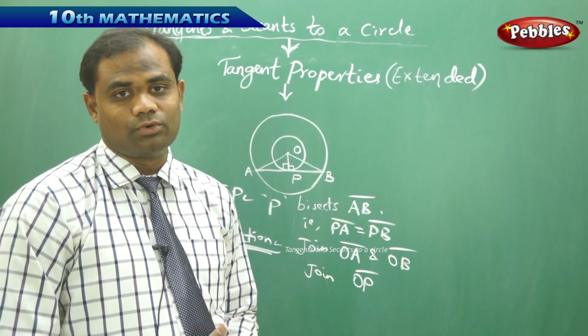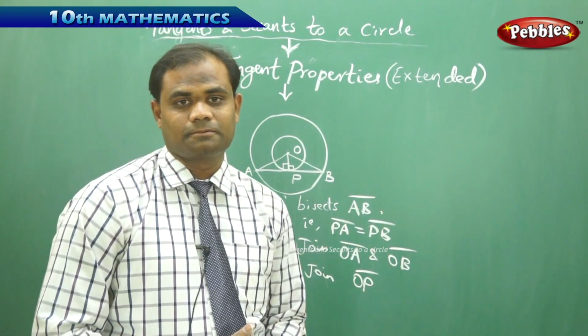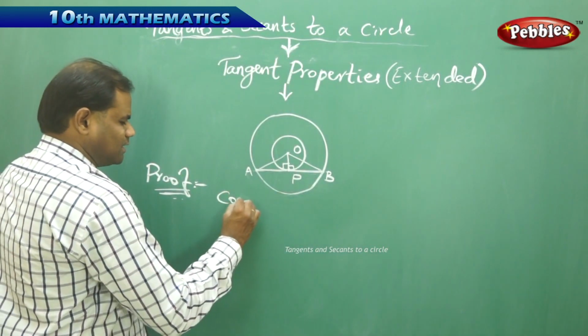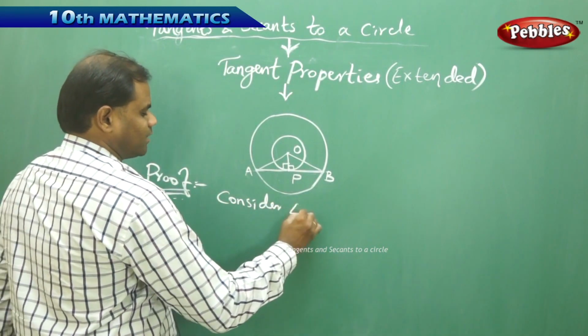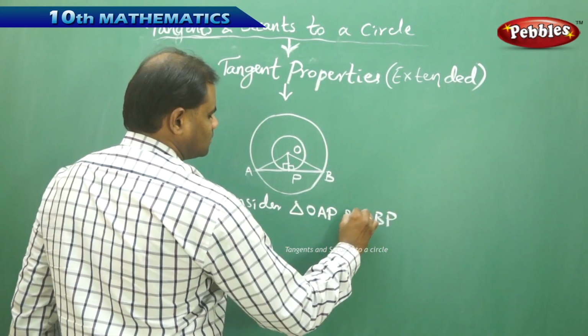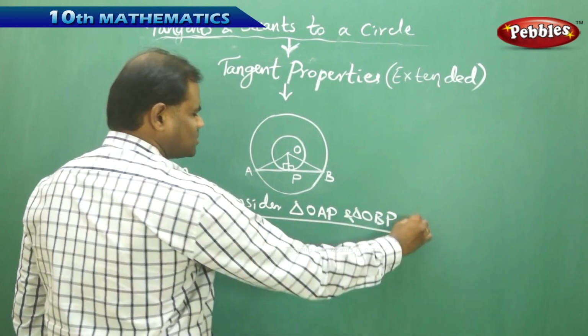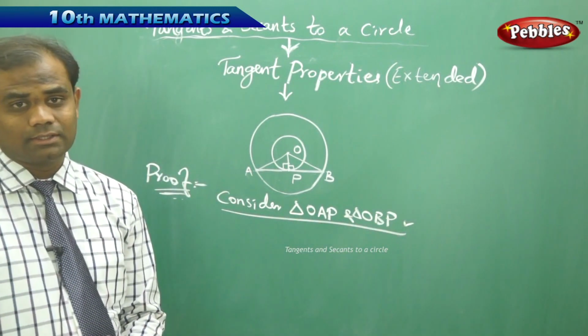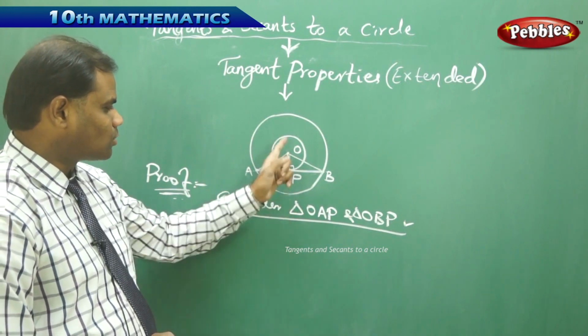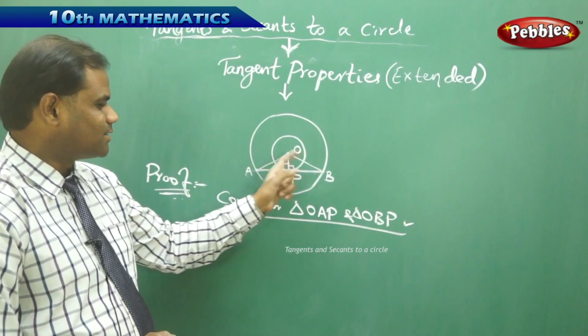So to start with the proof of the statement. Now for these two triangles, considering triangle OAP and triangle OBP, clearly I see that these two triangles are congruent, as one of the angles is 90 degrees, one is the common side and the third side is the radius.